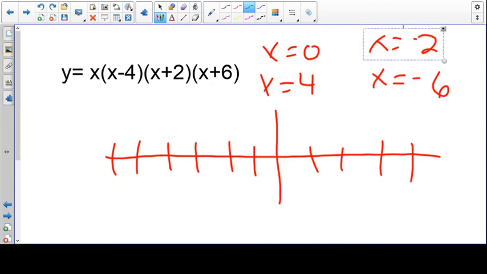So I'm going to have a dot at -6, a dot at -2, a dot at 0, and a dot at 4. So I will let you again pick whatever value you'd like to plug in to double check to see where you're going to create your graph.